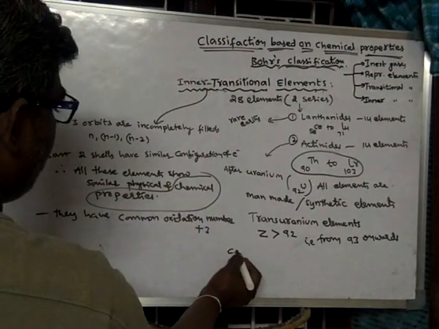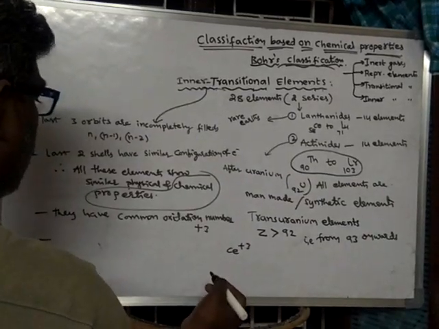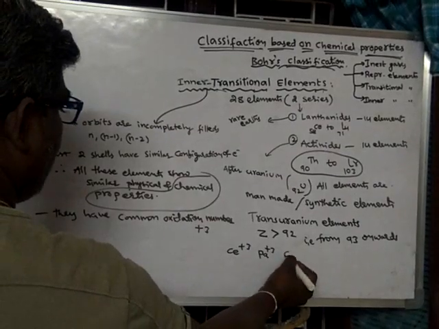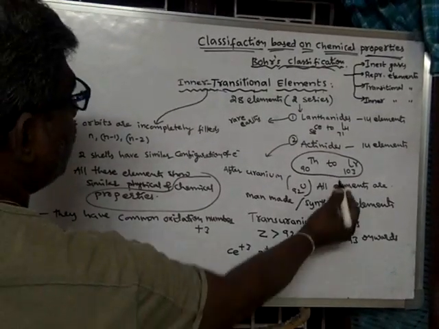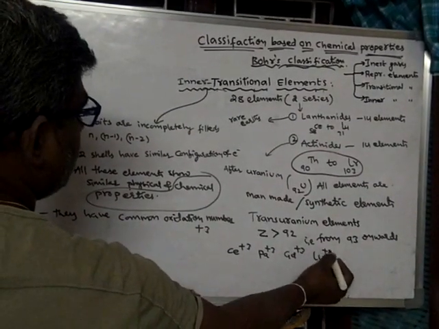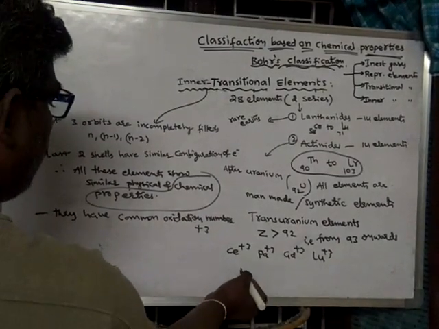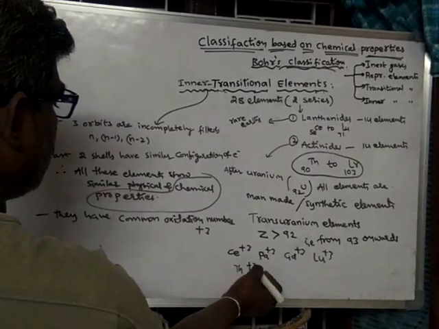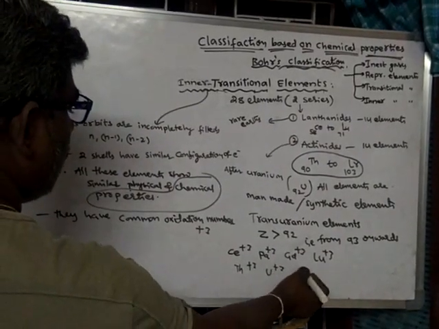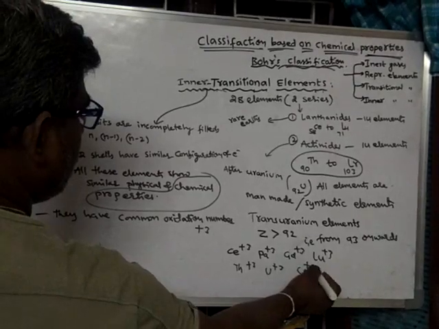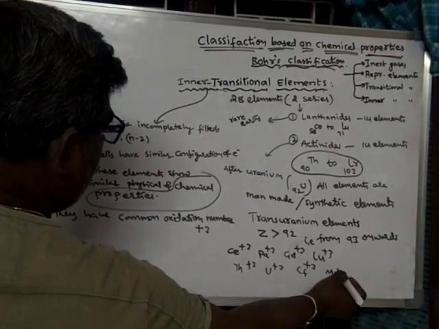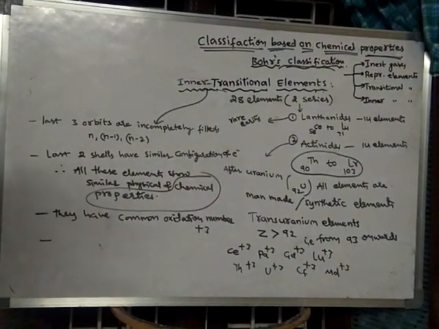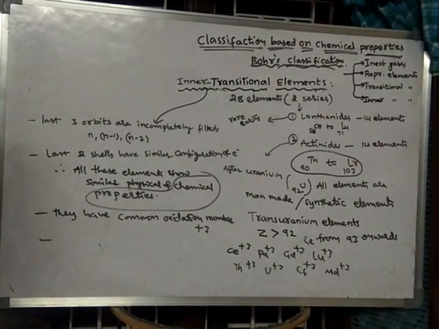For example, cerium will form plus 3, protactinium will form plus 3, gadolinium will form plus 3, lutetium will form plus 3, thorium will form plus 3, uranium will form plus 3, californium will form plus 3, mendelevium will form plus 3. So like this, plus 3 is the common oxidation state for all these elements.